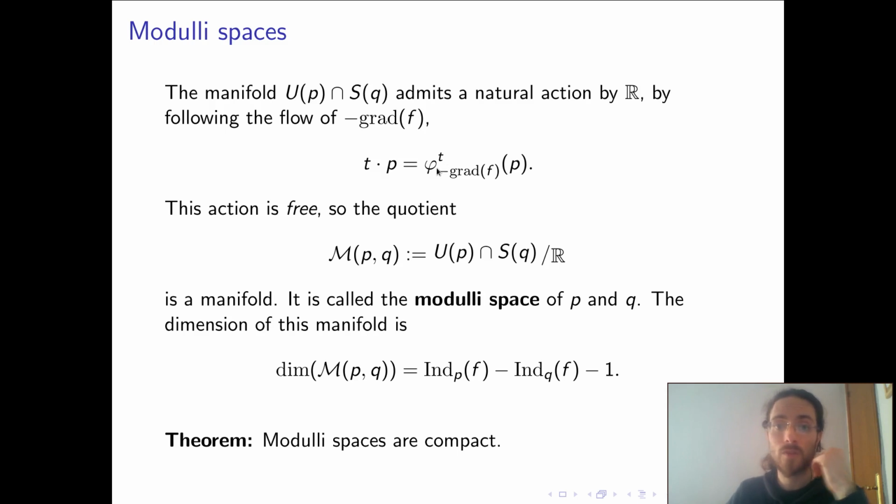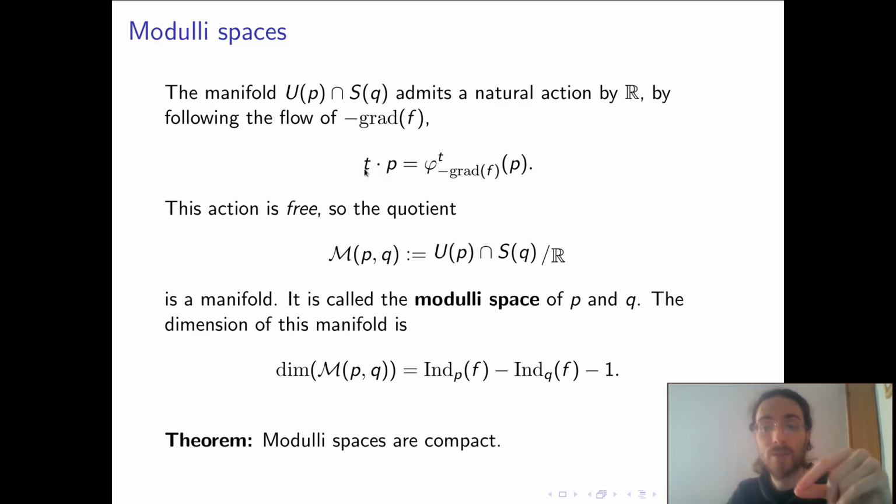So when this flow tends to plus infinity or minus infinity, you will reach P or Q. Oh, I'm sorry for using P here, it can lead to confusion. This P is a random point inside of this intersection. And the idea is that this action is free because of what I just told. This flow moves everything.